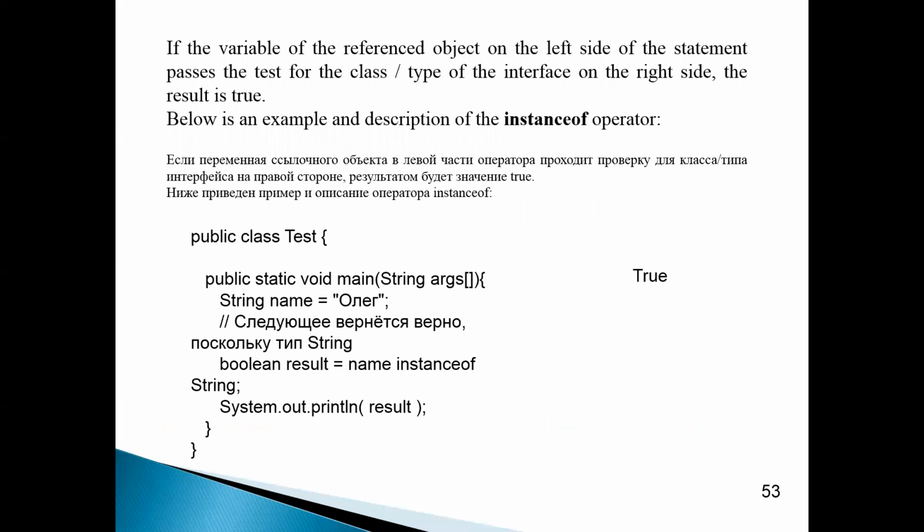If the variable of the referenced object on the left side of the statement passes the test for the class type or the interface on the right side, the result is true. Below is an example and description of the instanceof operator, and the result of this programming code is true.